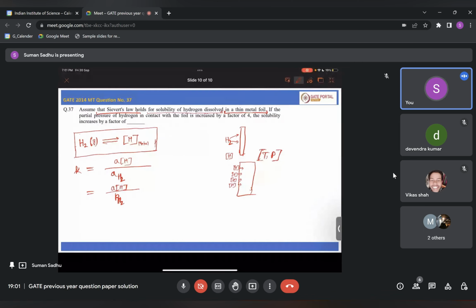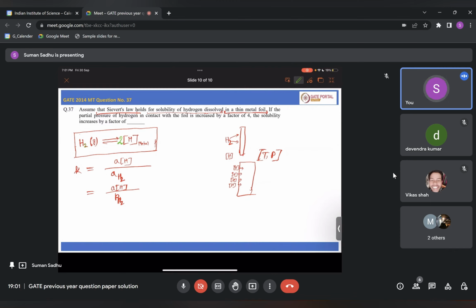Sorry, in the equation I made one mistake. I also have to do the mole balance, right? So 2 moles of hydrogen were there. If it is H2, it will be 2H, right? I have to do the mole balance.